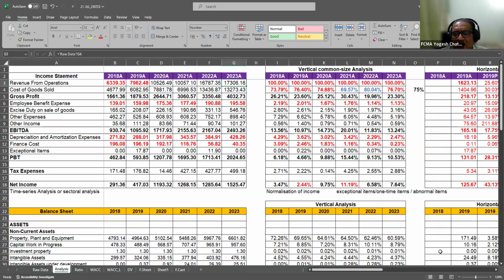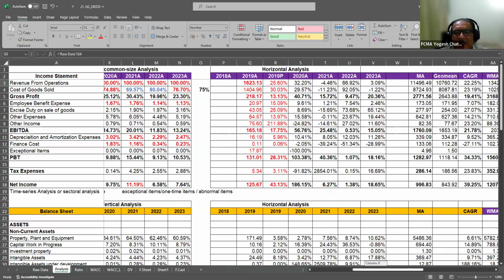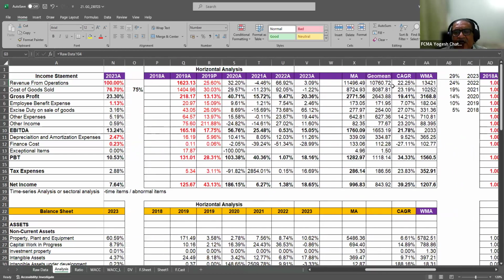So we can conclude that the revenue from operations between 2018 and 2023 has registered a compounded average growth rate of 22.25%. You can see the formula here, and we can cross check this.